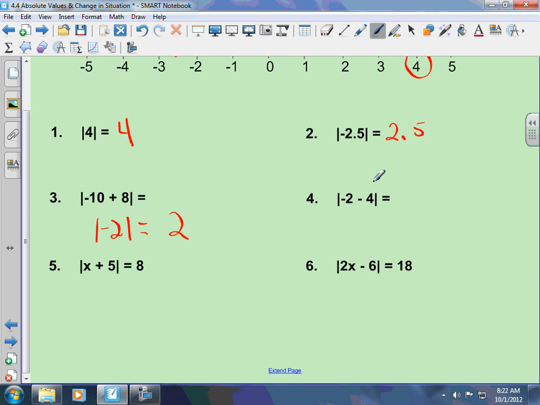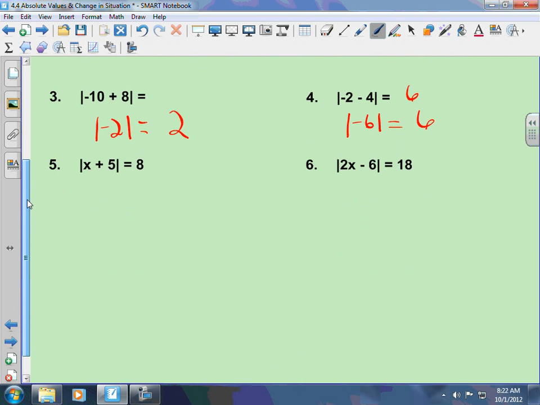Now, all you have to do is put -2 minus 4 into that absolute value. -2 minus 4 equals, and it tells you the answer. However, on the test, you're going to have to show me your work. So you can check with your calculator. You cannot do this on the test. The absolute value of -6 equals 6. I need to see your work on the test or you get no credit for it.